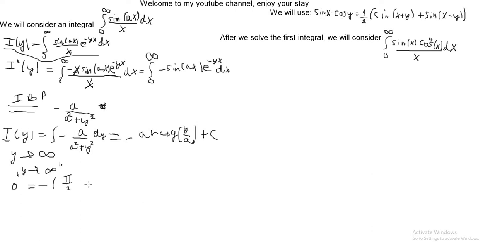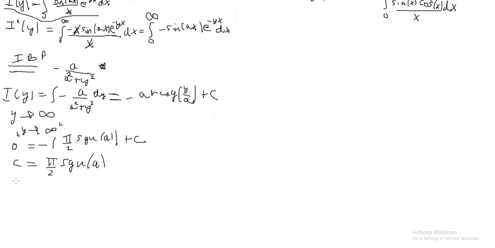It doesn't depend on the value of a, since a is just a fixed constant, but it will depend on the sign of a. So we have sine of a plus c, which when we solve for c is just pi over 2 sine of a.